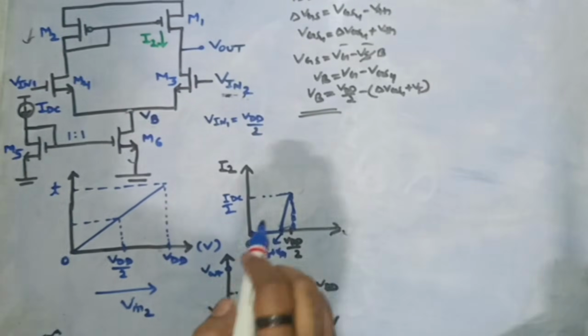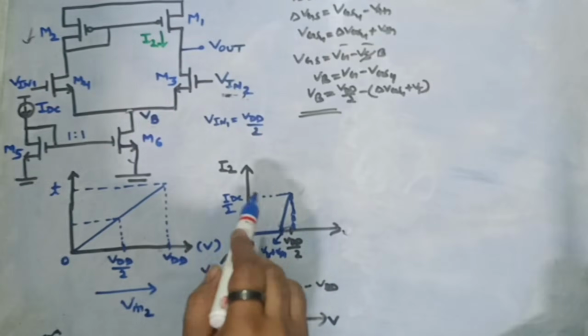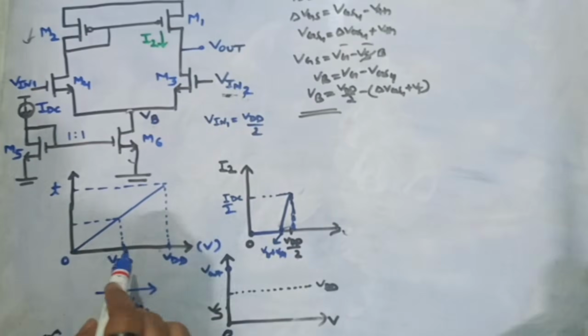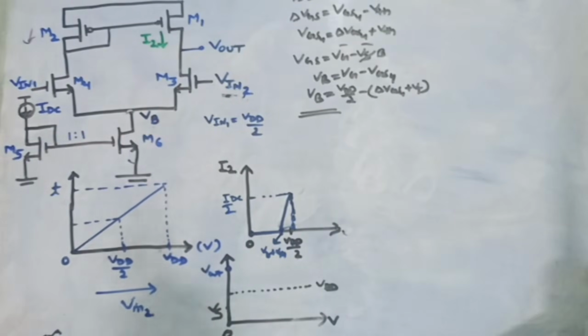So this is how my current waveform will look for I2 when my input Vin2 is equal to VDD by 2, or M3 has started to turn on.